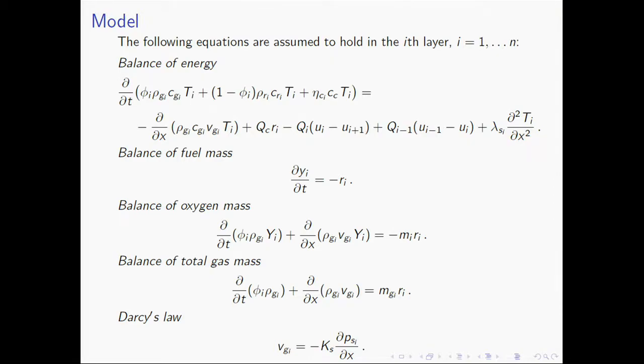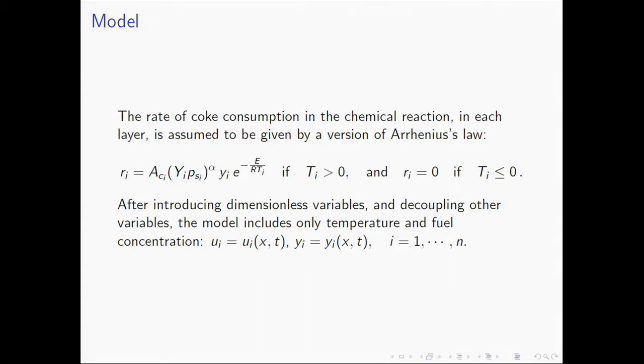After manipulating these equations, we can decouple this set of equations from this other set, and then we obtain a simpler model. This is a kind of Arrhenius law we are using, similar to what Shapiro used yesterday.